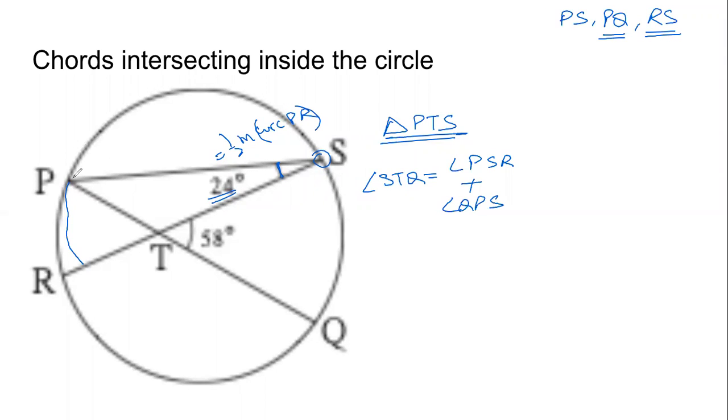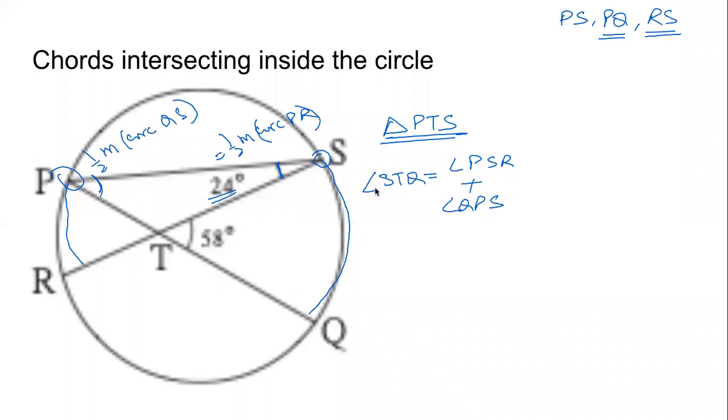Similarly, if we now look at angle QPS, this angle, this will be half of arc QS, because angle QPS is the inscribed angle and the intercepted arc is QS. So this angle here is half measure arc QS. Told you, interesting things will happen.